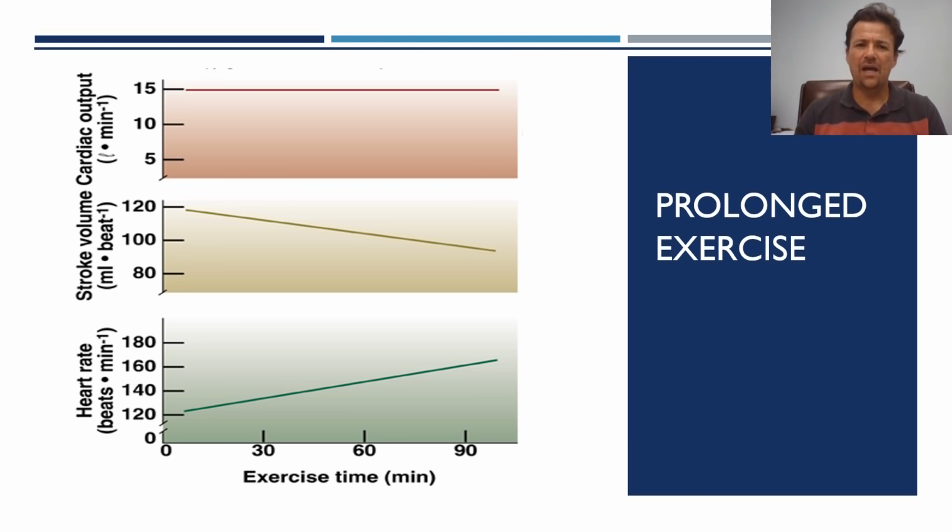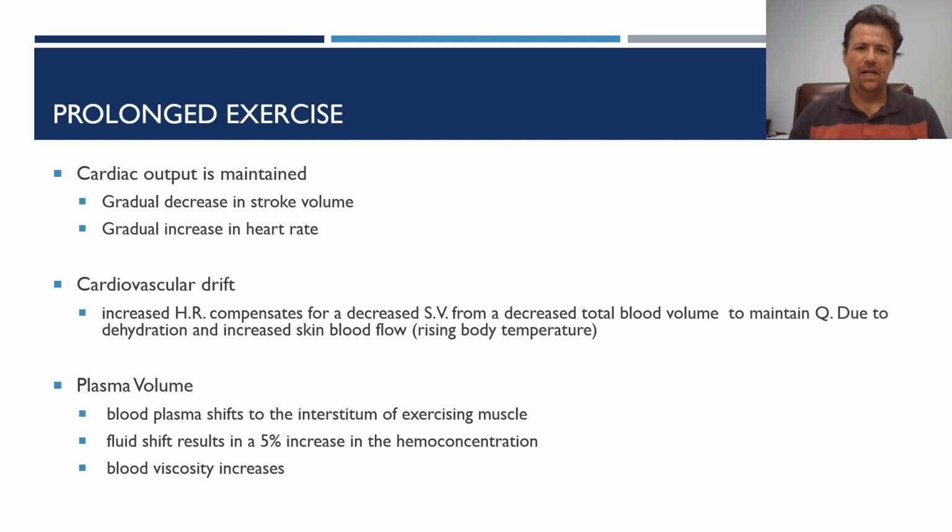And to maintain cardiac output, we have to have this increase in heart rate that we're talking about. And the reasons for that are twofold. We call this cardiovascular drift, where there's a slow increase in heart rate to compensate for the decrease in stroke volume.